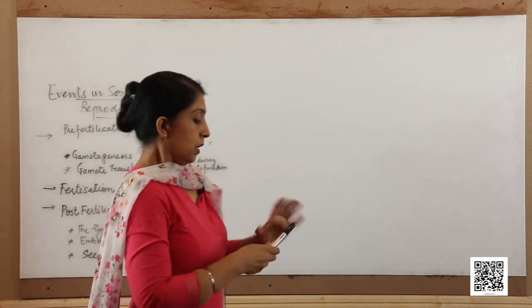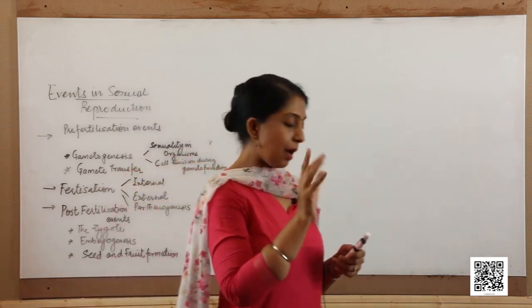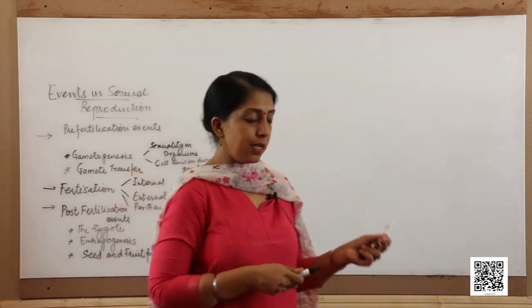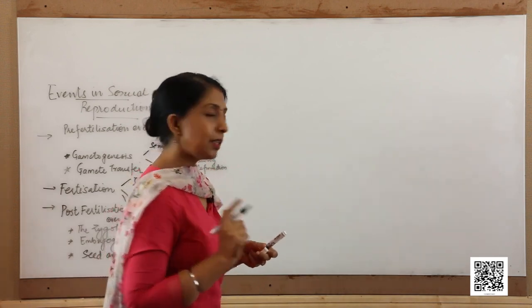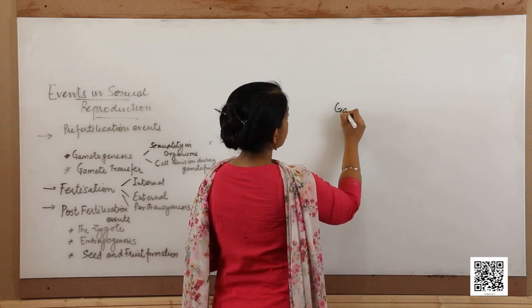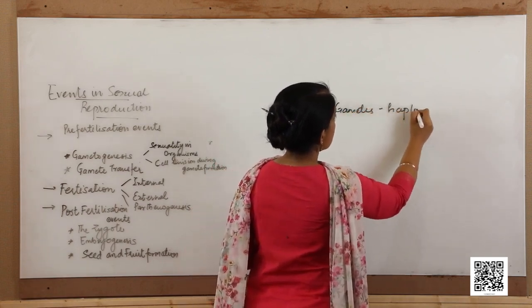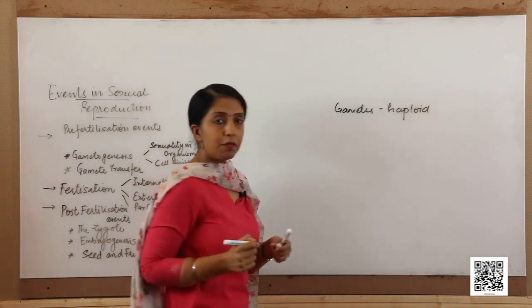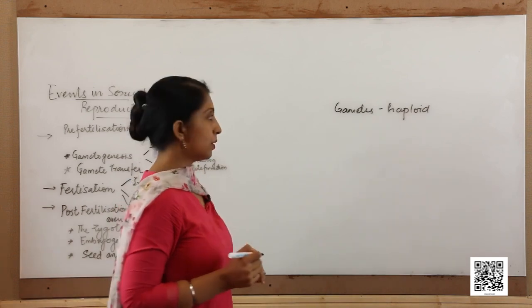Considering that the gametes always have to be haploid in structure, because they should have a single set of chromosomes in them, gametes are always haploid, irrespective of whether they are derived from a diploid structure or a haploid structure.